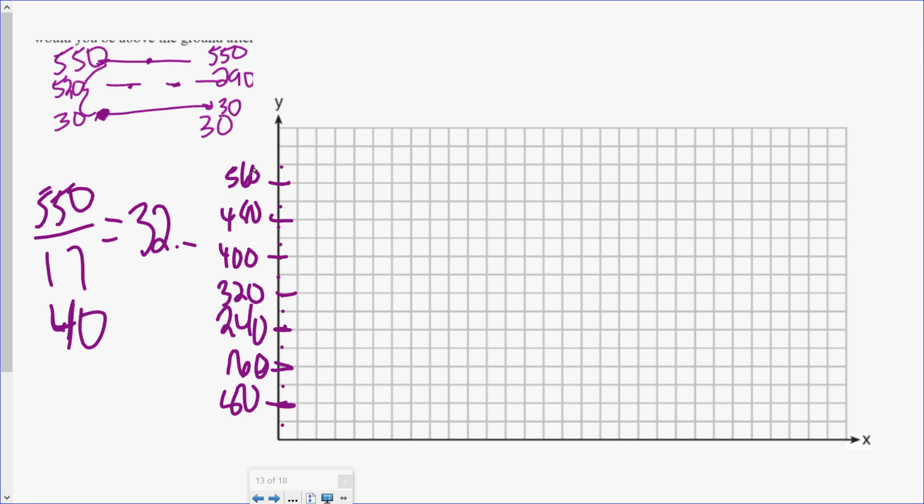So my midline is 290, so that's going to be in here. My max is 550, and my min is 30.